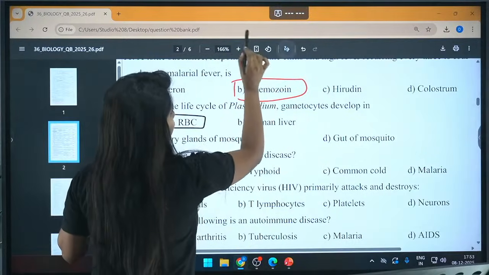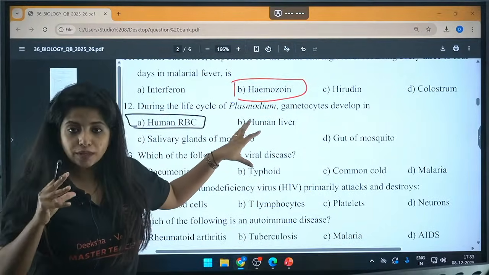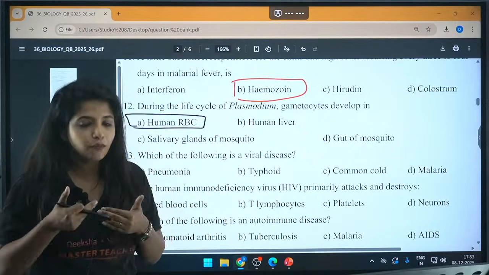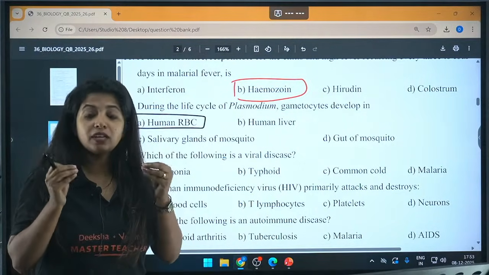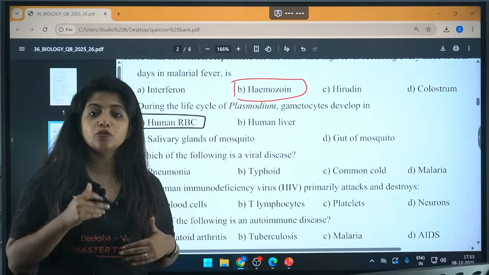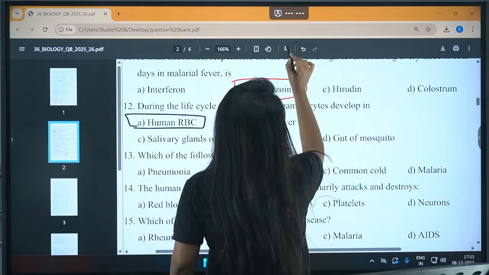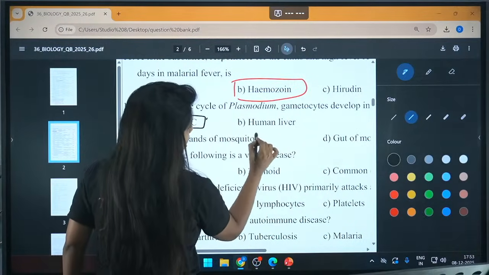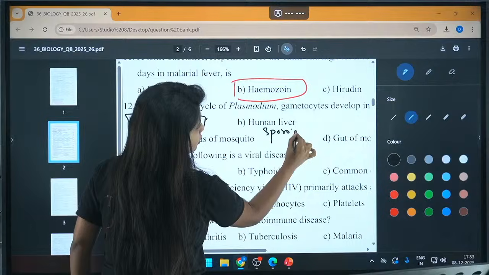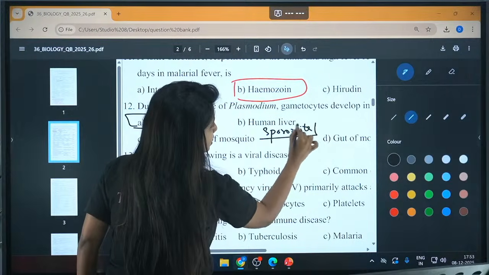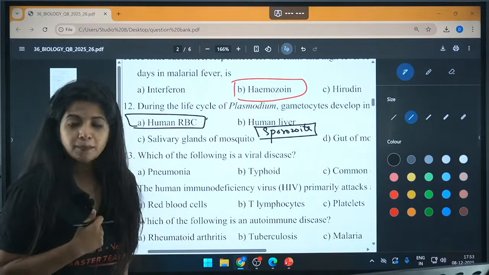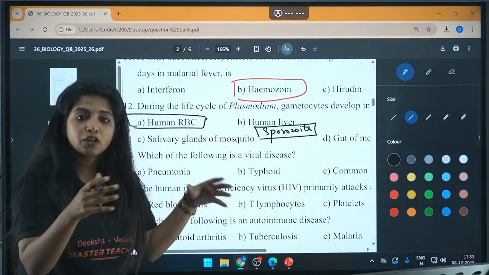So listen to me carefully. Plasmodium has different stages in our body. The stage in which it enters our body, you call that the sporozoite stage. Now in this stage, they enter our body. They go to the liver cells first. They undergo asexual reproduction.